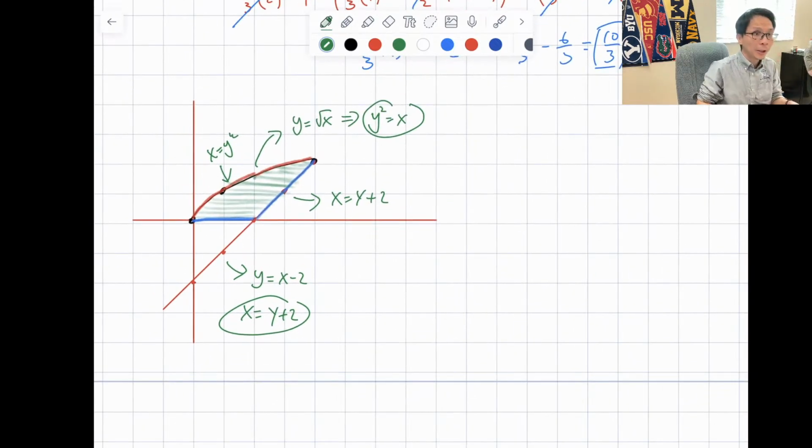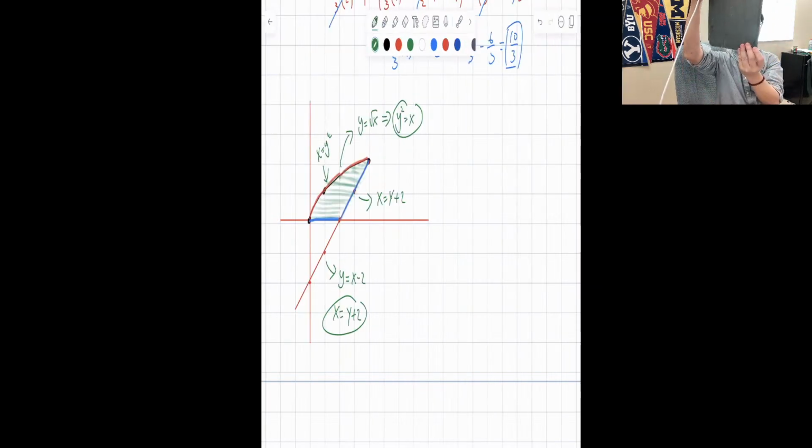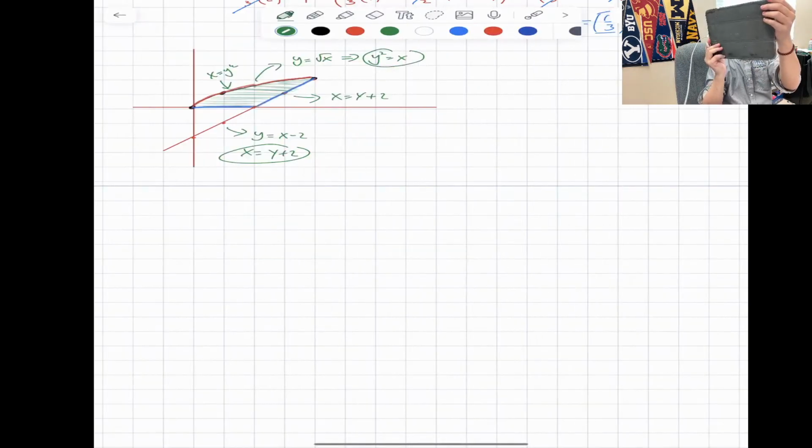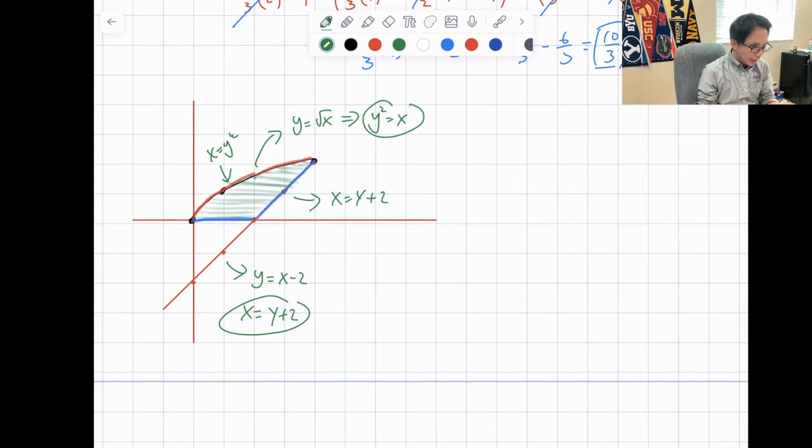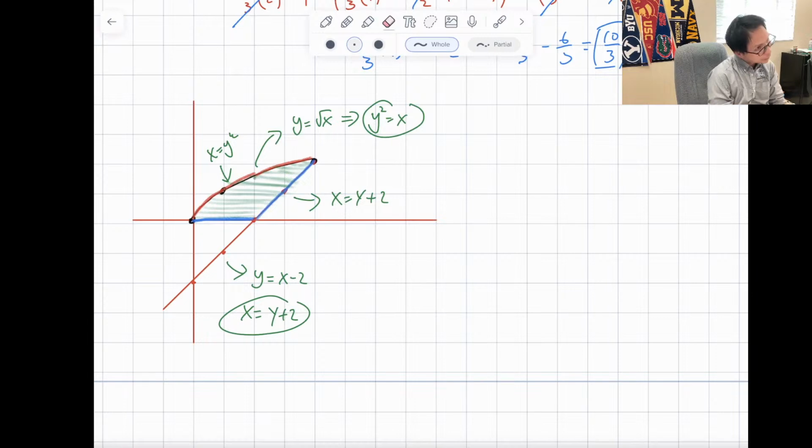So if you turn your, let's just say if you have this drawing, and if you turn your iPad or your paper this way, which function is on the top? The blue line on the top or the red line on the top? Or you turn your head to the right, what's on the top? Y plus 2 is on the top, right?